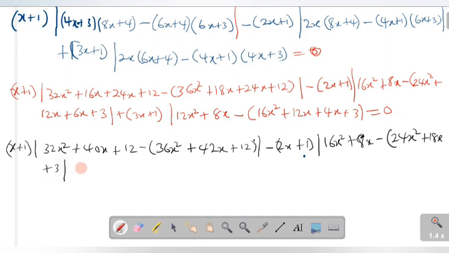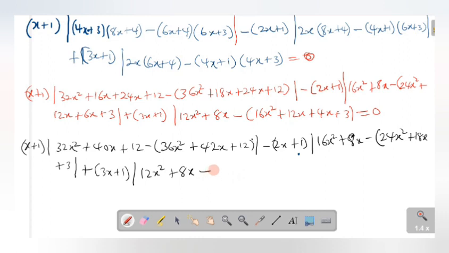So we'll close the bracket, then we'll go to the last part, plus 3x plus 1, then open this, then we have 12x squared plus 8x minus 16x squared, then 12x plus 4x, that's plus 16x plus 3, close the bracket, and everything is equal to 0.